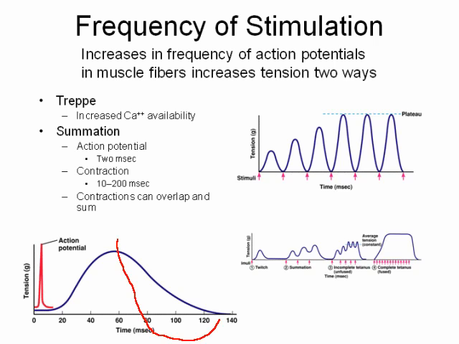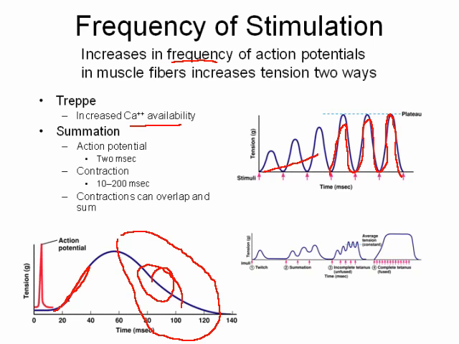And that's when we are pumping calcium back up with our SERCA. So if you increase the frequency and it's taking longer for calcium to be pumped back up than it is for the calcium to be released, you will end up producing a greater level of contraction after several action potentials have occurred, all of which have increased the total amount of calcium availability.